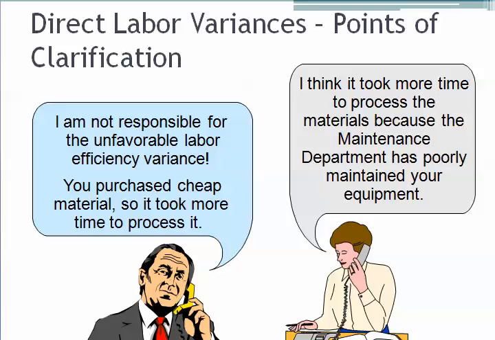Quite often, the production manager will claim that he or she is not responsible for unfavorable efficiency variances, in other words, if their workers took too long to complete a project, because perhaps they were unskilled workers, or perhaps the purchasing department purchased poor quality raw materials, which resulted in a lot of scrap and rework.